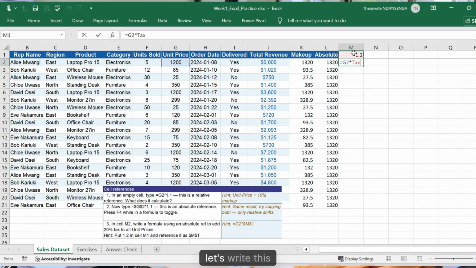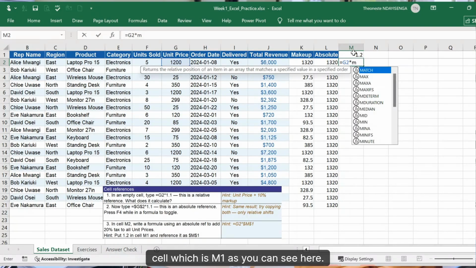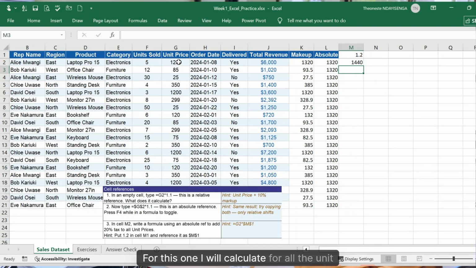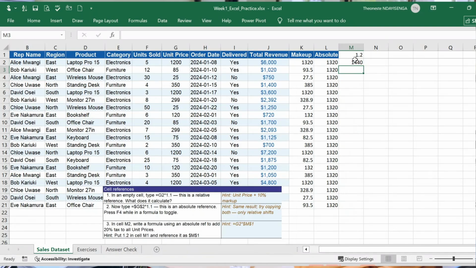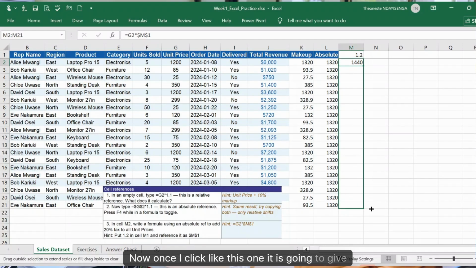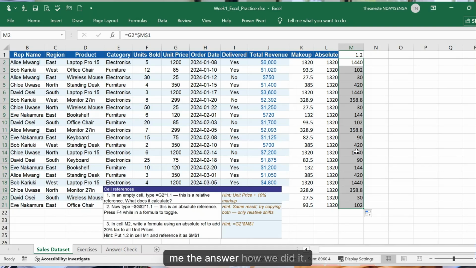Let's write this cell, which is M1, as you can see here, and then I'm going to put an absolute reference. With my computer, I will press Fn and F4. That means for all the unit prices, this cell which is the cost including tax will not change its position. Now once I press enter, it gives me the answer.